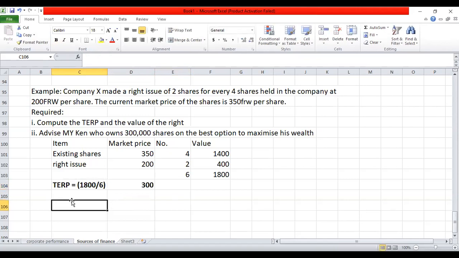Now, how to get the value of the right? Value of the right. The value of the right is equal to TAP minus the right issue price.